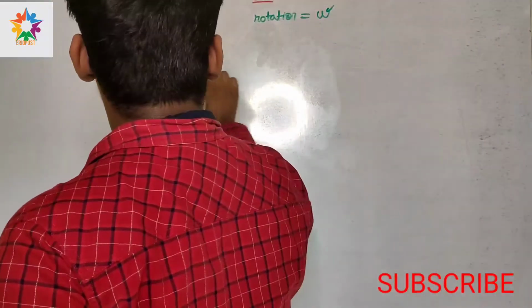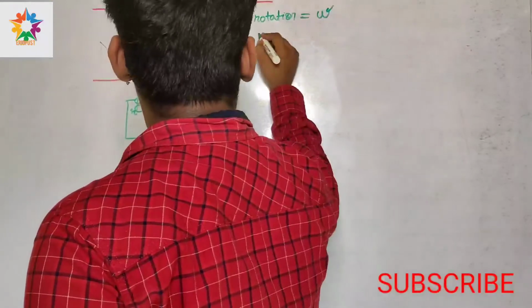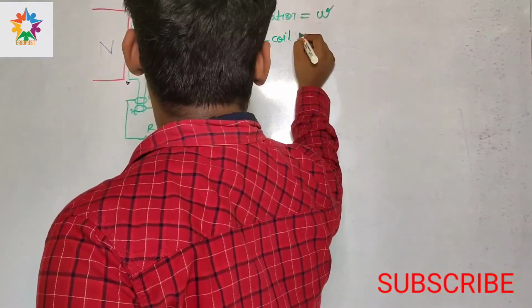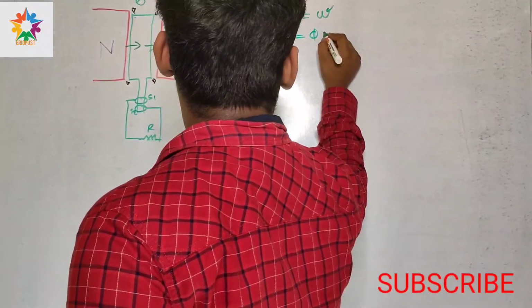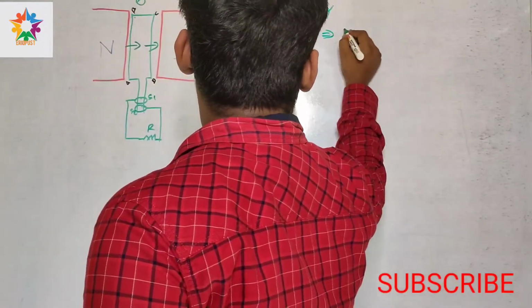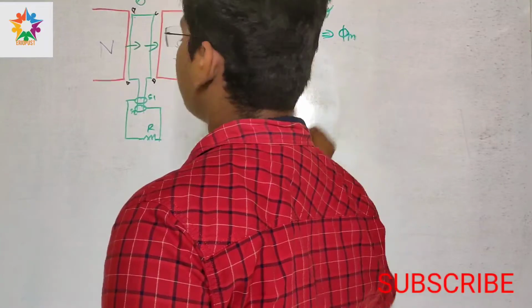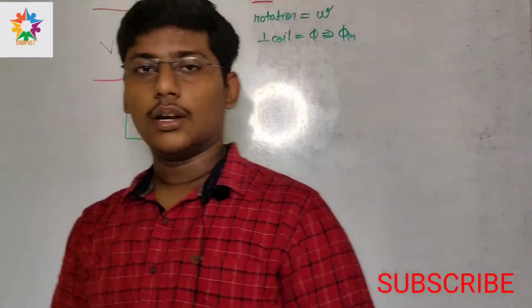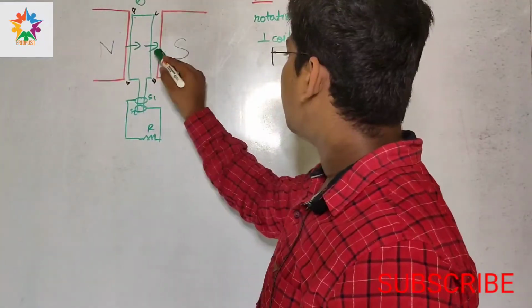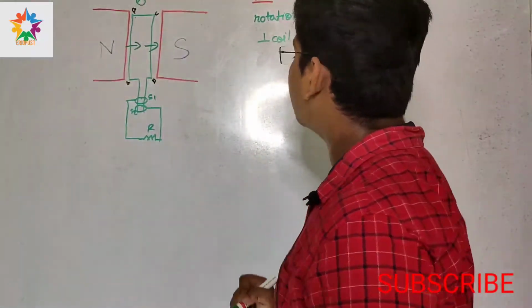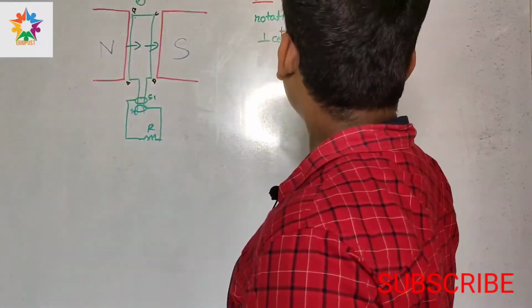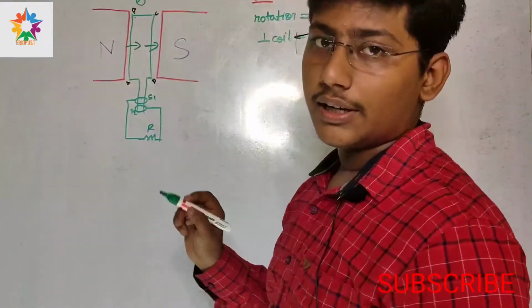Okay, so at the perpendicular plane to the coil, the flux phi will be maximum. Let me name this as phi m. This will be related to cos theta, as this is in a state of rotation, or in an omega direction it is rotating.